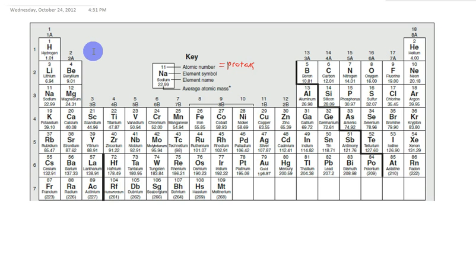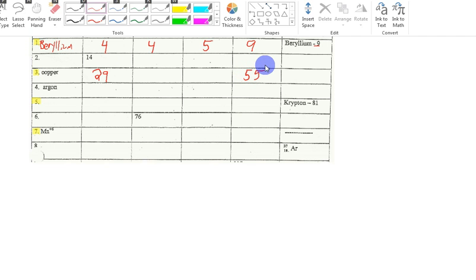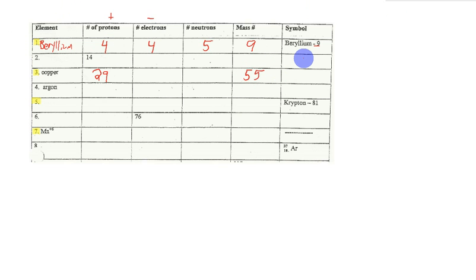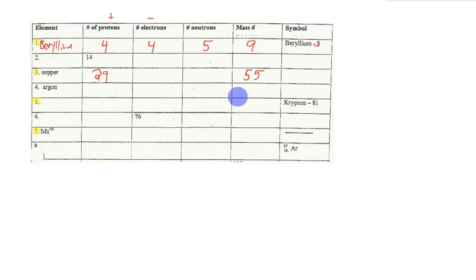So we can go ahead and write, for copper, our protons are 29, and our mass is going to be 64.